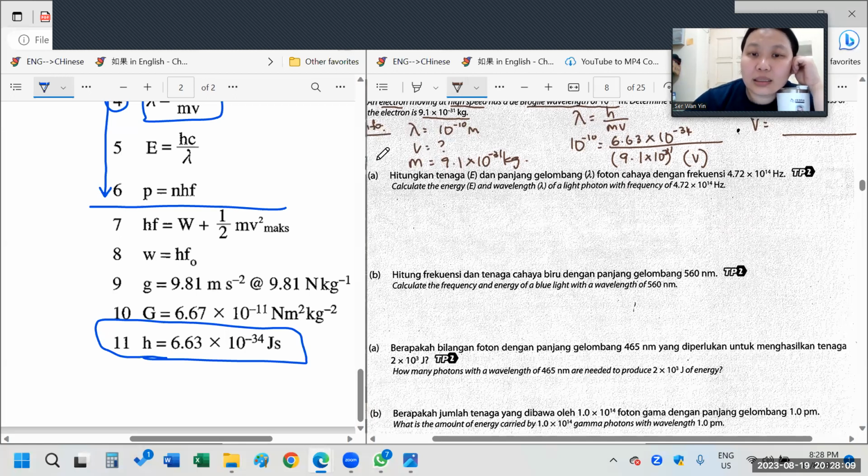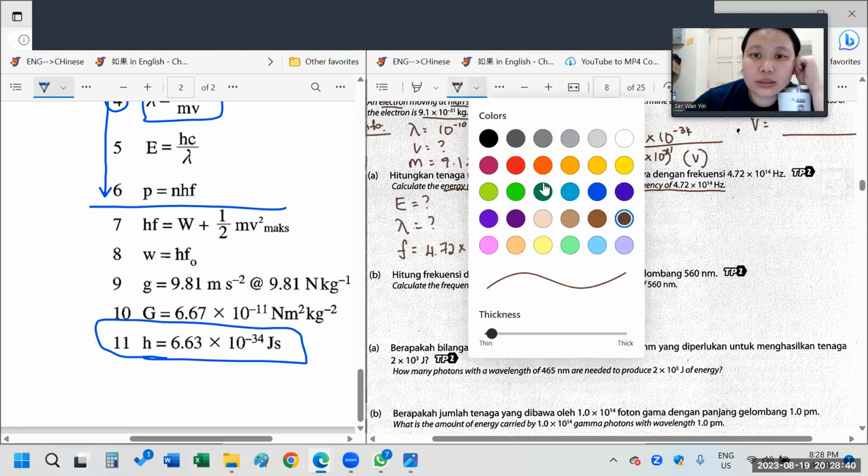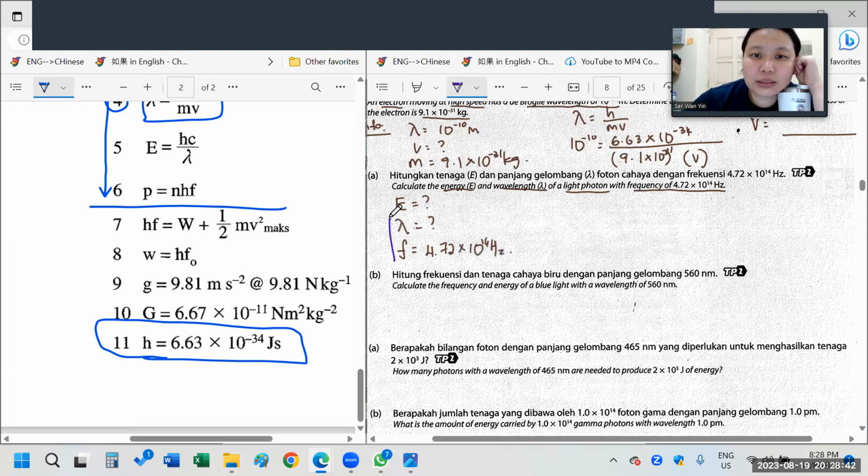Alright, then next, number 8. Calculate the energy and wavelength of a light photon with a frequency of this. So now what do they want? Energy and wavelength of a light photon, means light with a frequency of 4.72 times 10 to the power of 14 hertz. Okay, so first of all, this one is easy.